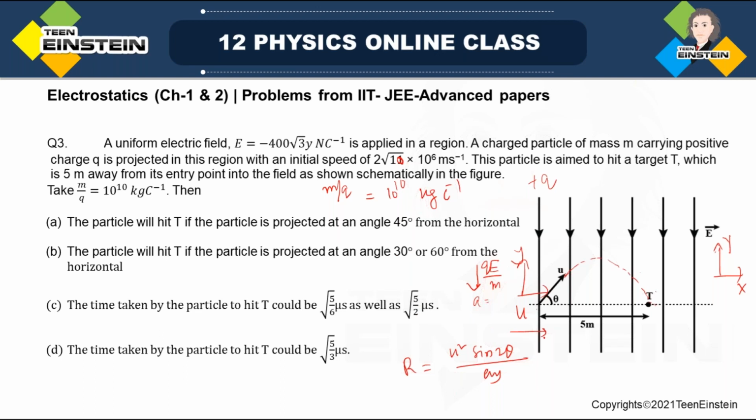Now time we can find out. Time means how much it will take up to here. So we have time of flight, that formula will be used here. All right, so with this, let us try to solve this problem.